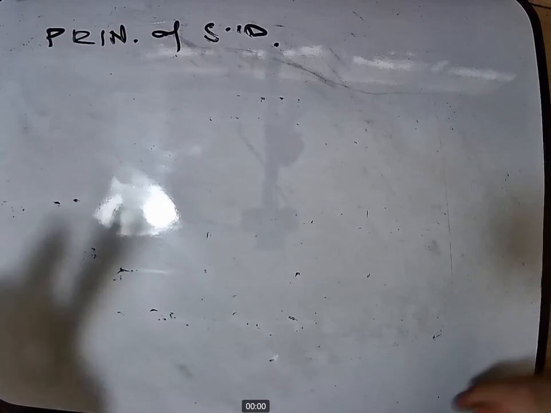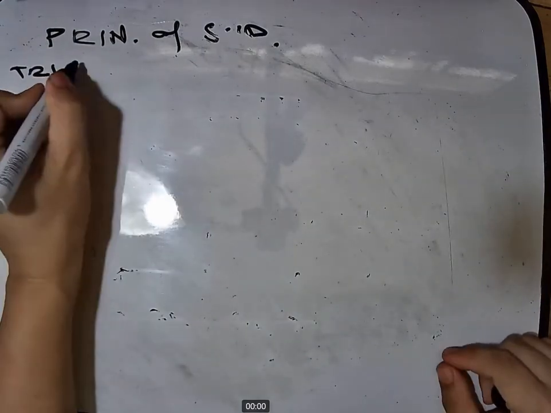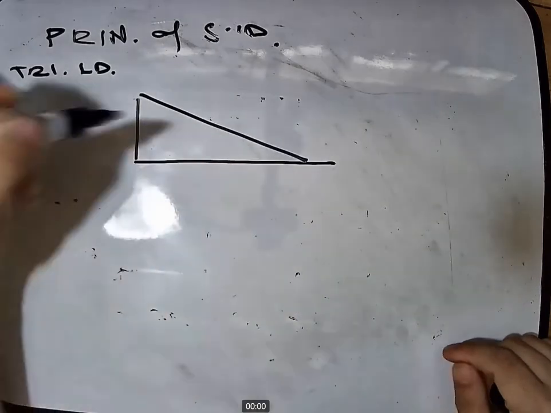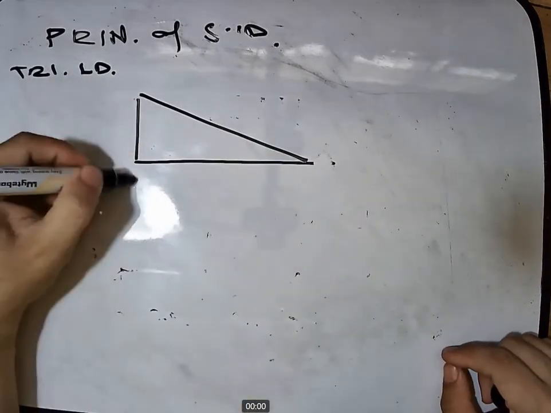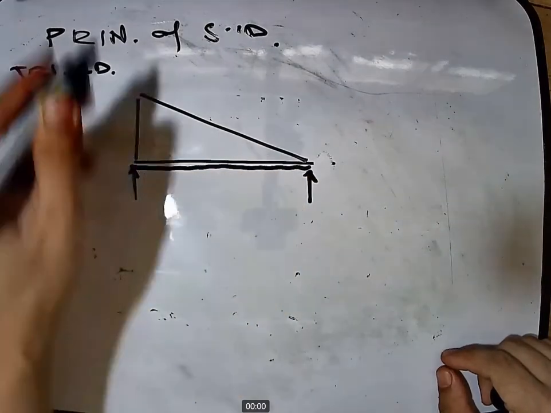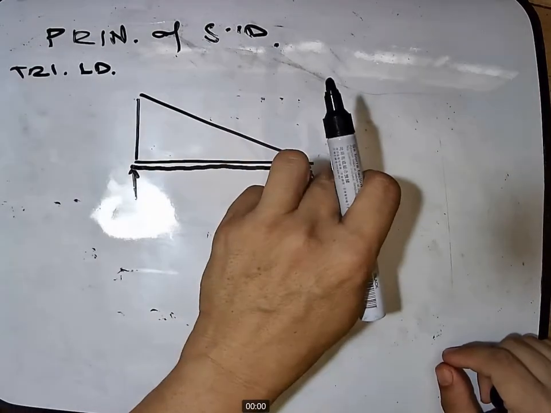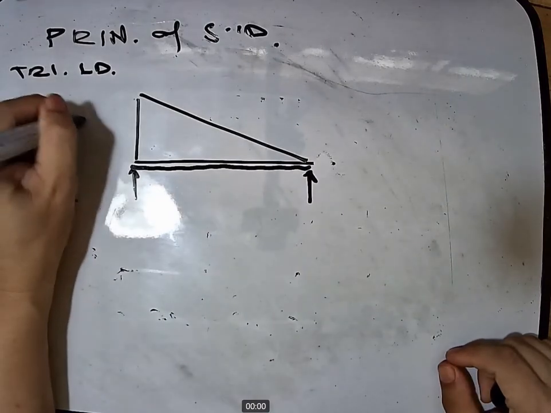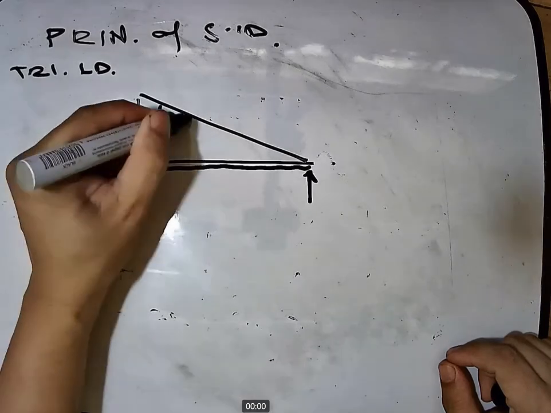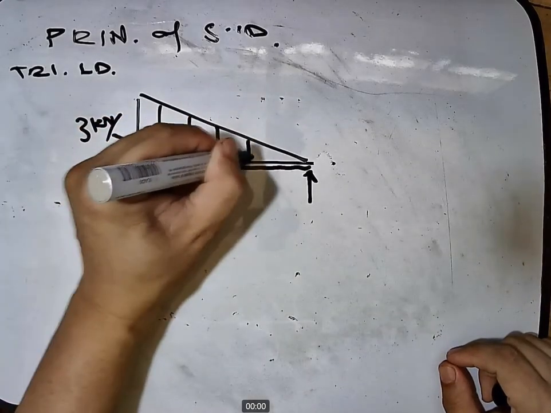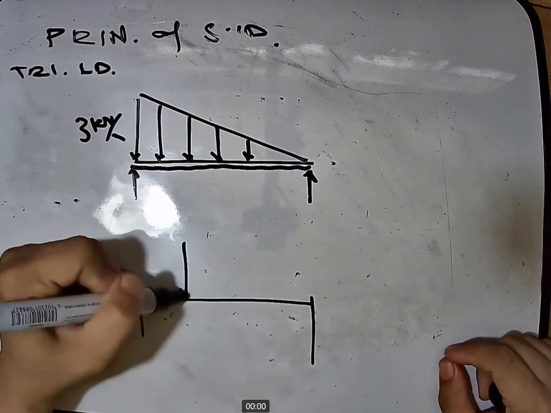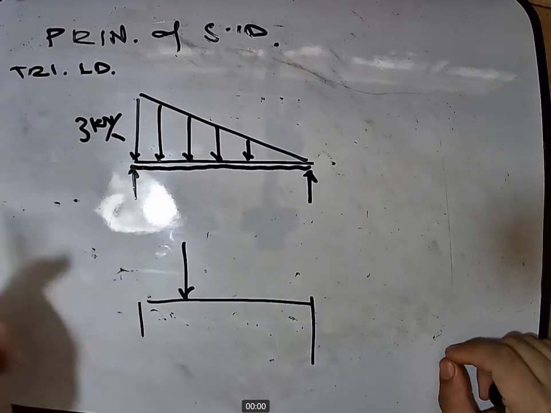Punta naman tayo sa triangular loading. Something like this. So, ito yung beam. Okay, meron siyang triangular load. From 0 to, let's say, 3 kilonewton per meter. So, yan ang kanyang triangular load. By principle of superposition, pwede mo yung i-convert na point load or concentrated load.